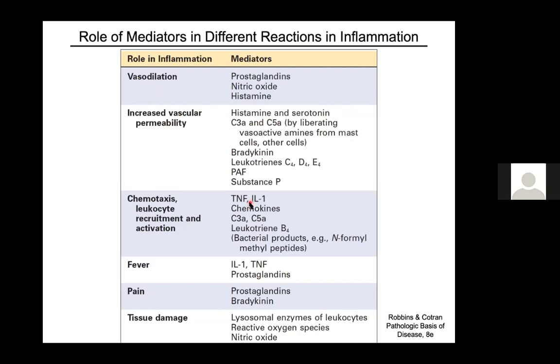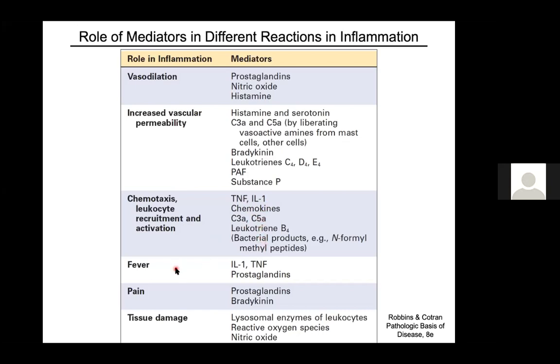Then the molecules that cause chemotaxis, recruitment and activation of leukocytes, so specifically the cytokines TNF, interleukin-1, let me also add interleukin-6. Everyone is talking about it in COVID-19. So chemokines, C3a and C5a, leukotriene B4 and some bacterial products.